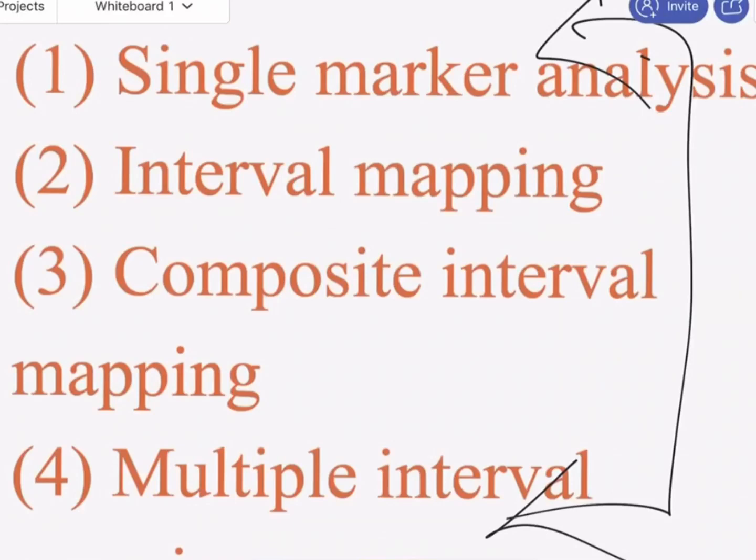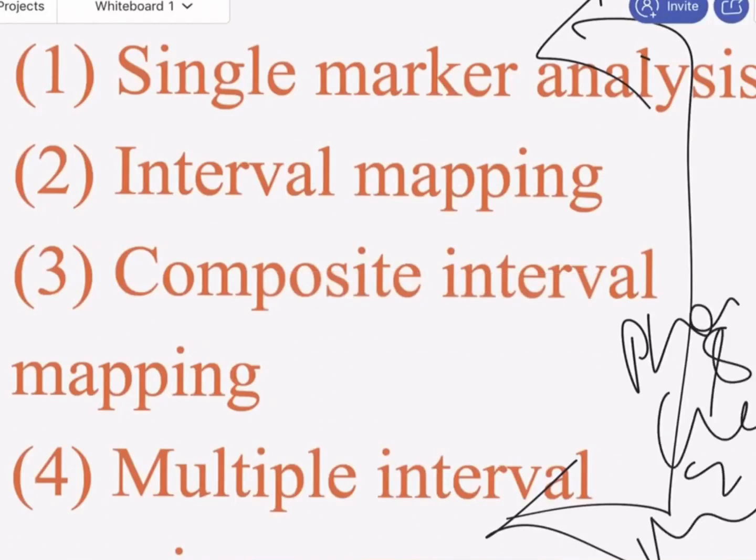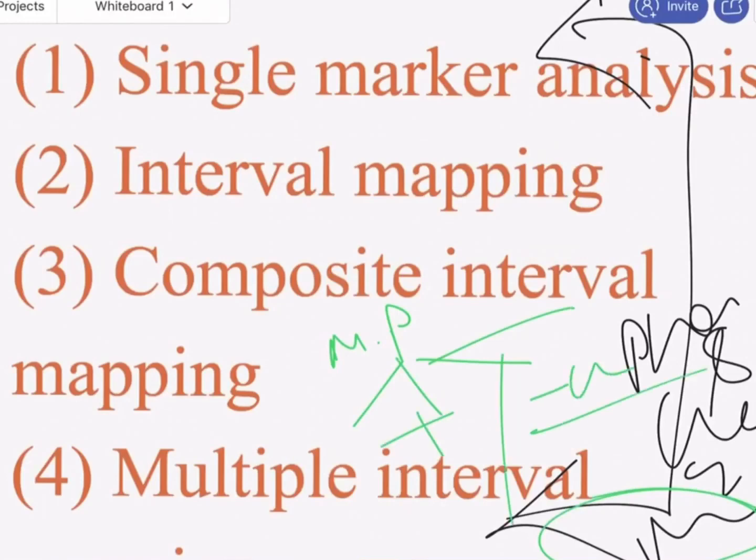QTL analysis is based on the principle of detecting an association between phenotype and genotype of markers. These markers are used to partition the mapping population into different genotypic groups based on the presence and absence of a particular marker locus, to determine whether significant differences exist or not.